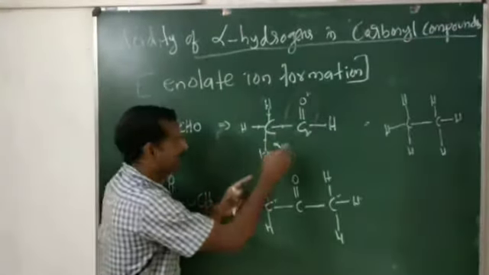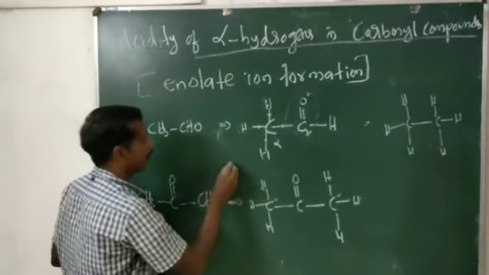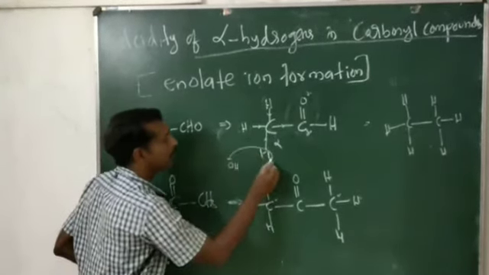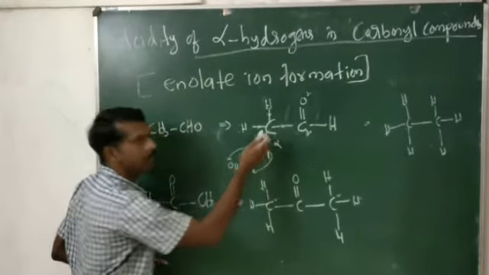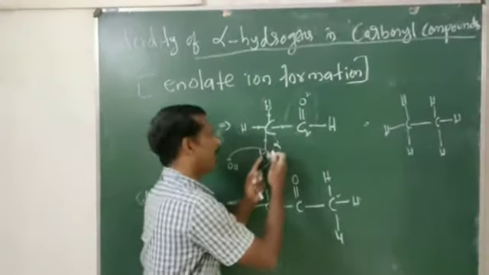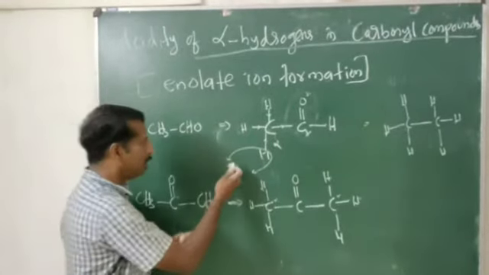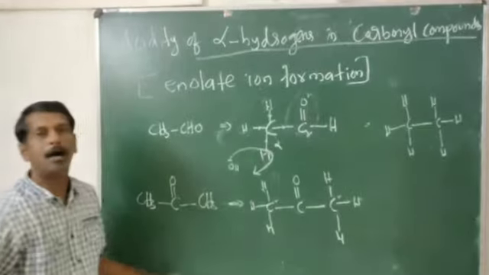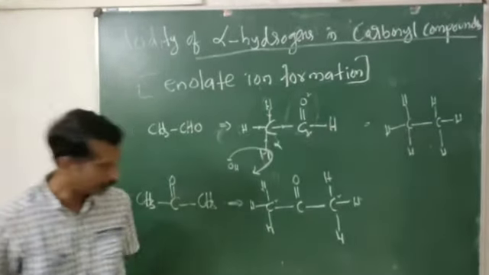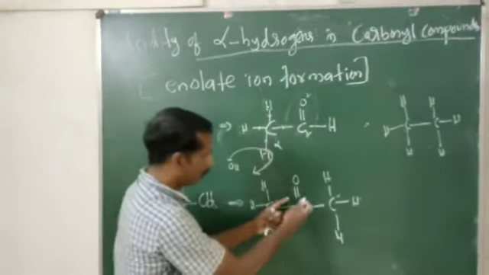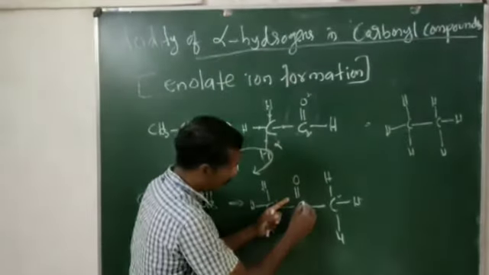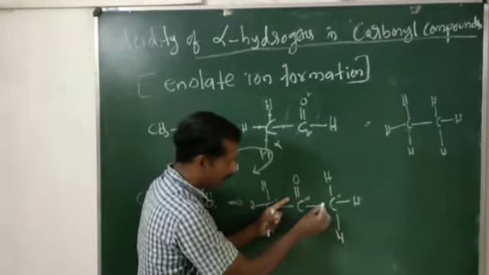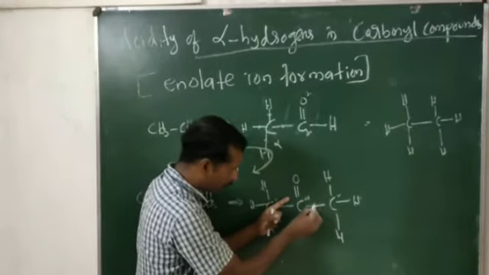In such a case, if a base is coming, suppose OH minus is coming, what will happen? OH minus will immediately remove this proton, because this bond pair of electrons is moving a little away from this hydrogen. Clear? Once again, the CO group is polar in nature, so this carbon has a slight positive charge and attracts the bond pair of electrons towards it.